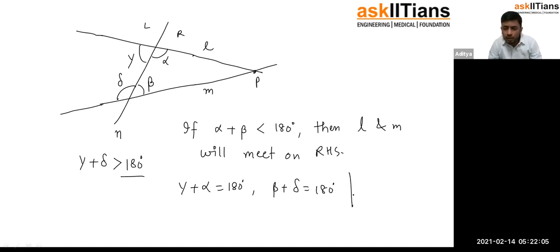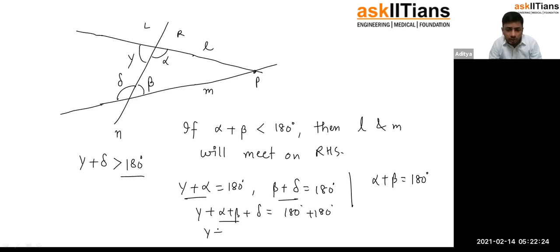Now if we are assuming that alpha plus beta is 180 degrees, let us add these two equations. We will get gamma plus alpha plus beta plus delta is equal to 180 degrees plus 180 degrees. Alpha plus beta is already 180 degrees, so gamma plus delta plus 180 gives us 180 plus 180.